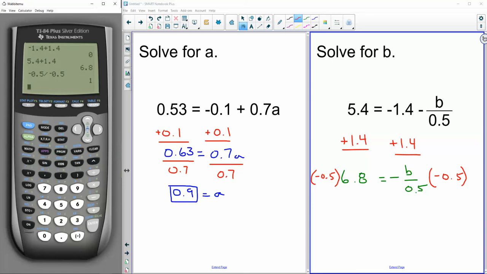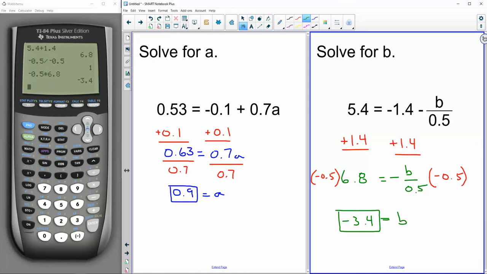So on the left side, I'll do negative 0.5 times 6.8. And that gives me negative 3.4. Negative 3.4 should be the value of b.